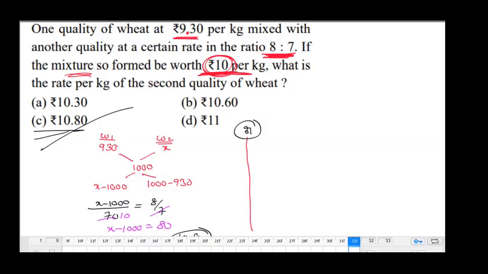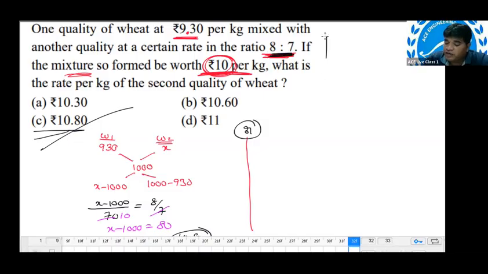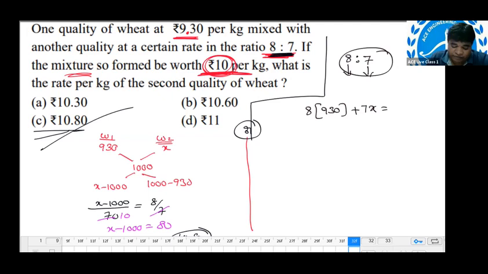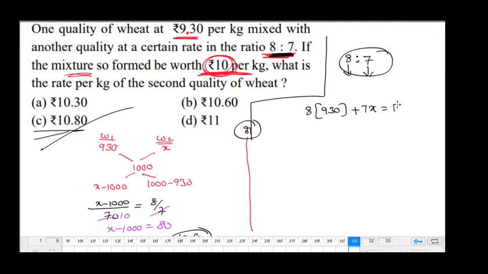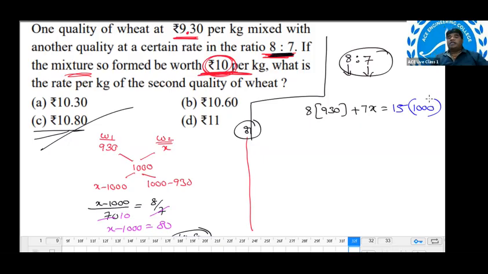Yes, sir. Now, the general method. In which ratio do they want to mix? 8:7. So first type you take 8 kg, second type you take 7 kg. So 8 into each kg cost 930, 7 into each kg cost we don't know. After mixing, we get a total of 15 kg, each kg costing 10 rupees, that is 1000.